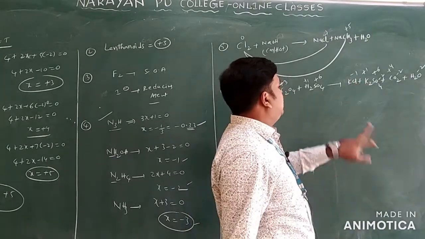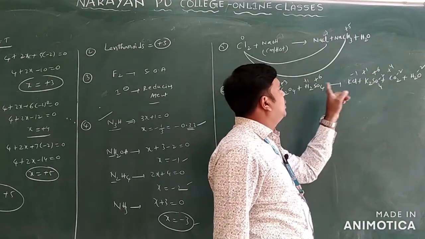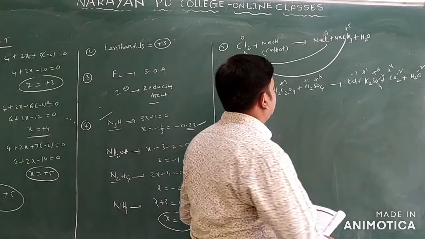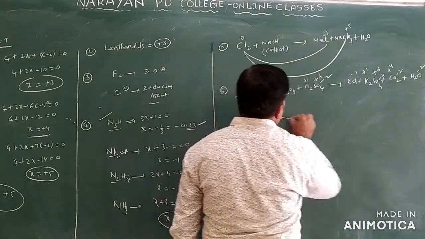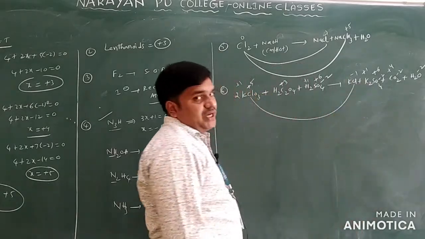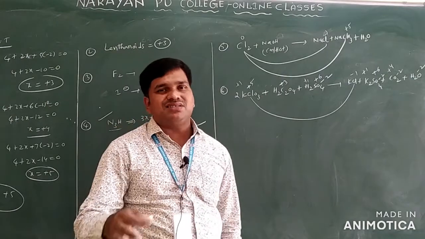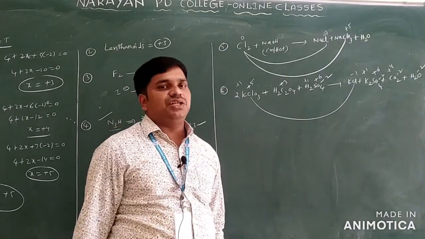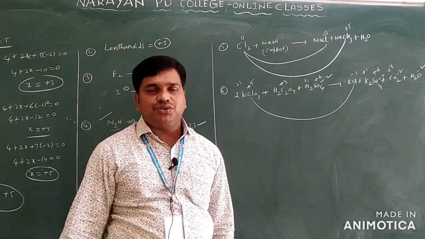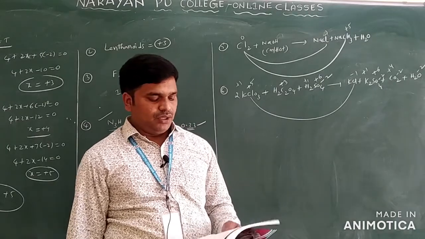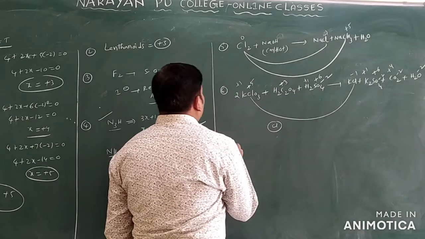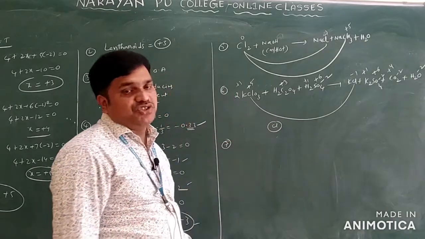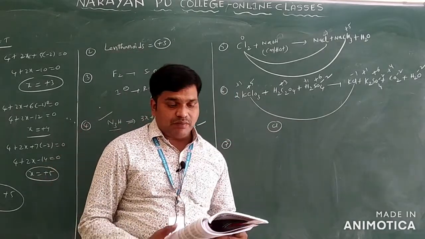Sulfur, hydrogen and oxygen have no change. Chlorine goes from plus 5 to minus 1, a large change of 6 units, or 6 electrons. So the answer is chlorine: the element undergoing the maximum change in oxidation number.